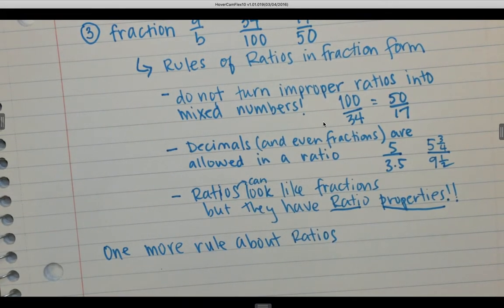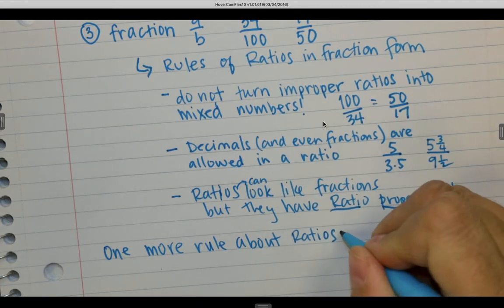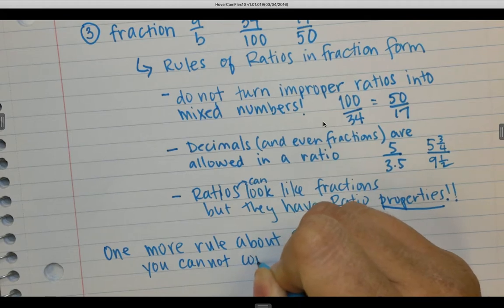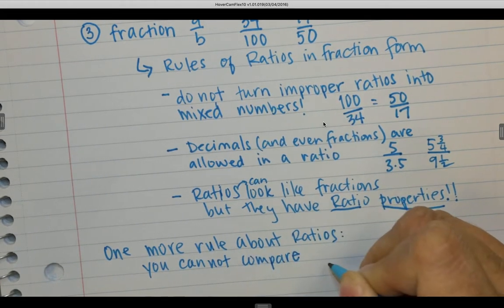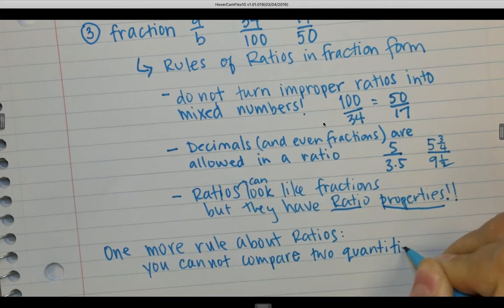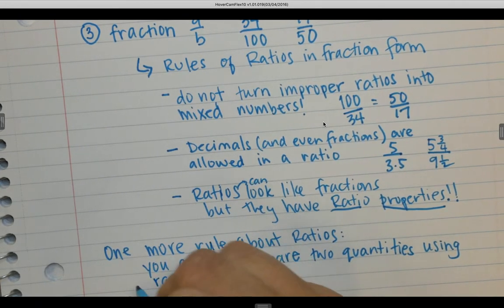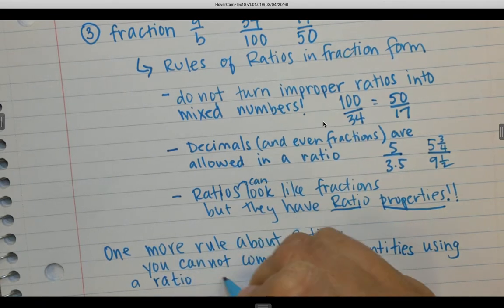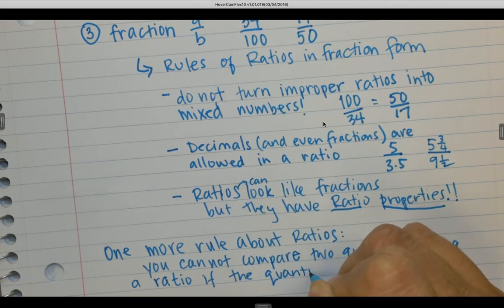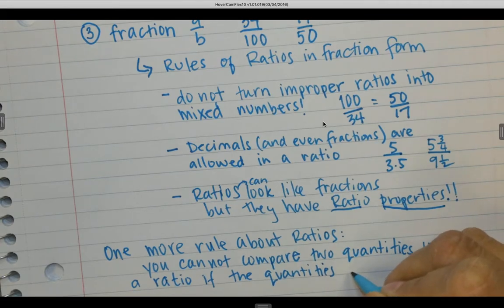Probably even the next part is that you cannot compare two quantities using a ratio if the quantities can't be converted into the same unit.